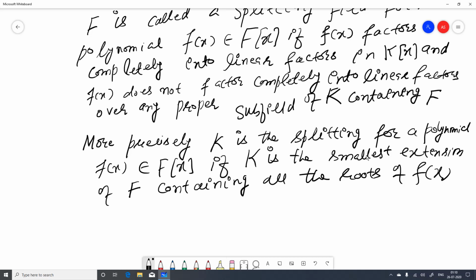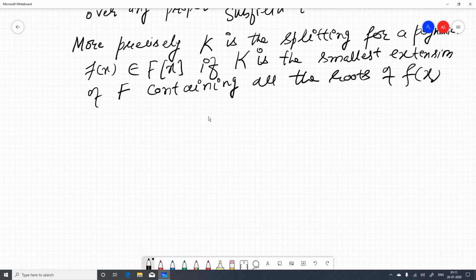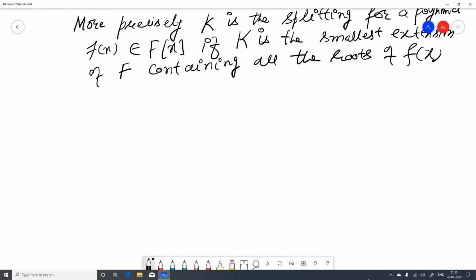Okay. Now we will prove later on that such an extension always exists. But before going to proving that result, first we shall discuss some examples of splitting fields. So, first example.